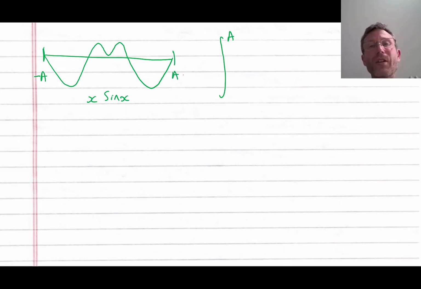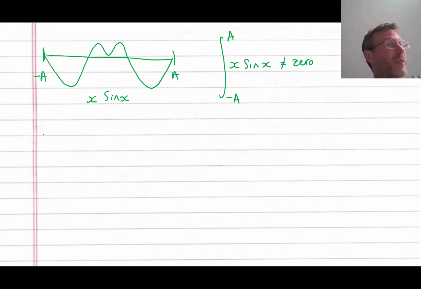So we're going to put our limits in the integral. What we can recognize here is that if we sum this all up, we certainly aren't going to cancel anything out. So that integral is not equal to 0 automatically.